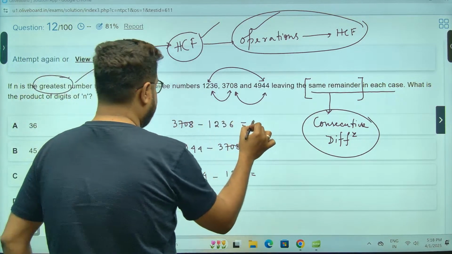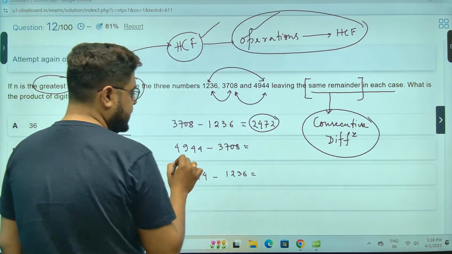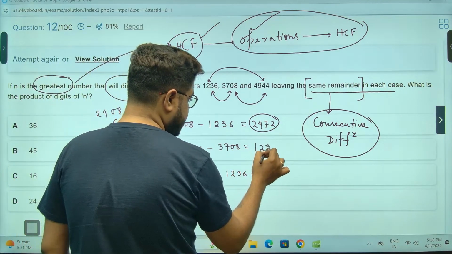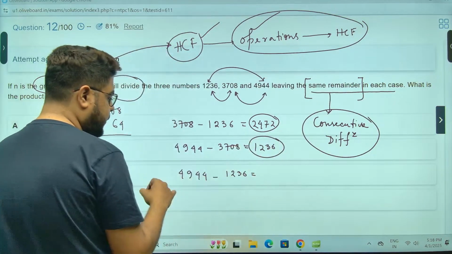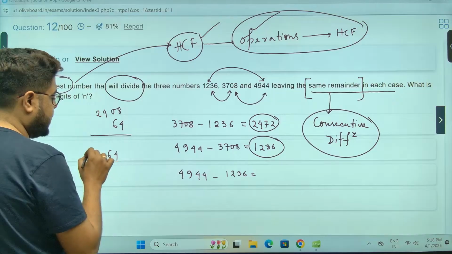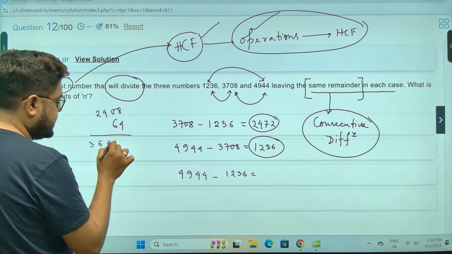That is 2472, sir. The difference. This one difference, sir, 1236. This one difference, sir. 64, 1300, so 13 and 36, right? 36, 44.